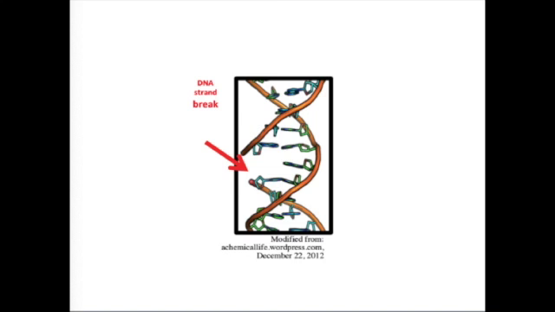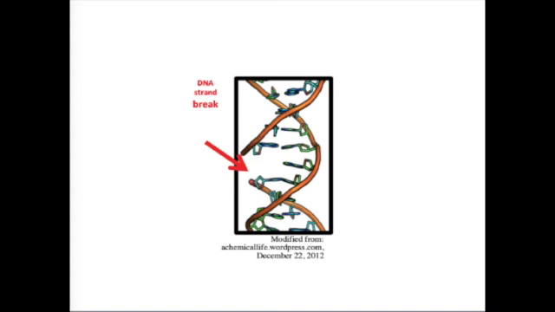CHEK1 phosphorylates the protein phosphatase CDC25, thereby preventing CDC25 from dephosphorylating and activating CDC2. In the absence of CDC2 activation, progression to mitosis is blocked, and the cell cycle remains arrested in G2.